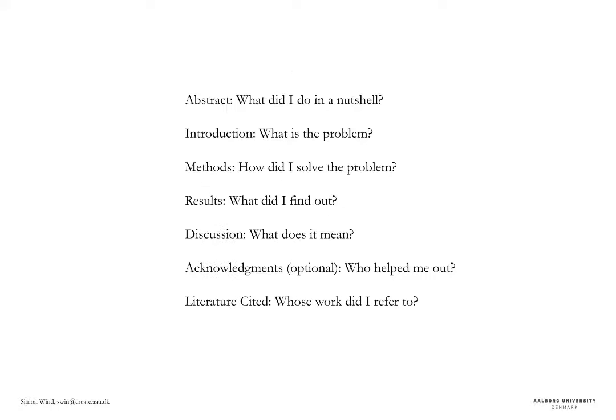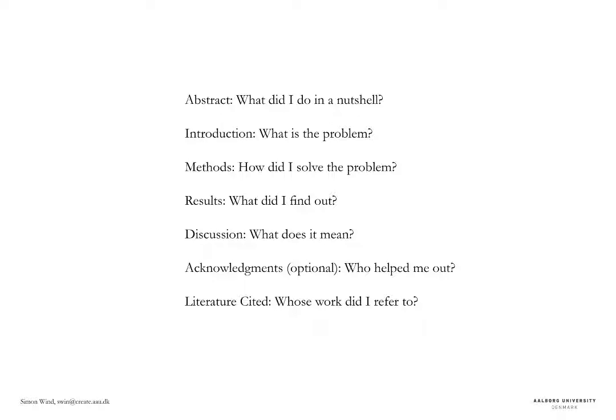So summarizing these different elements or parts that go into the paper structure, we can take a look at this list. So abstract, what is that about? You can ask yourself the question, what did I do in a nutshell? The introduction is about what is the problem.